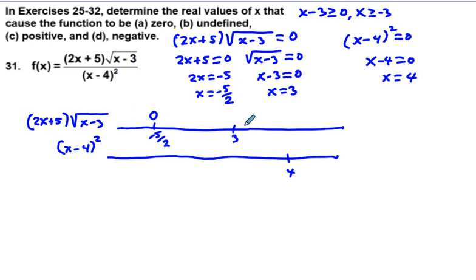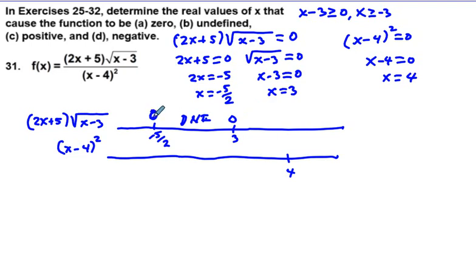Well, let's just go ahead and work this out here. What happens is we have x is greater than or equal to negative 3. So at negative 3, we have the value of the numerator being 0, but to the left of it, the function does not exist.